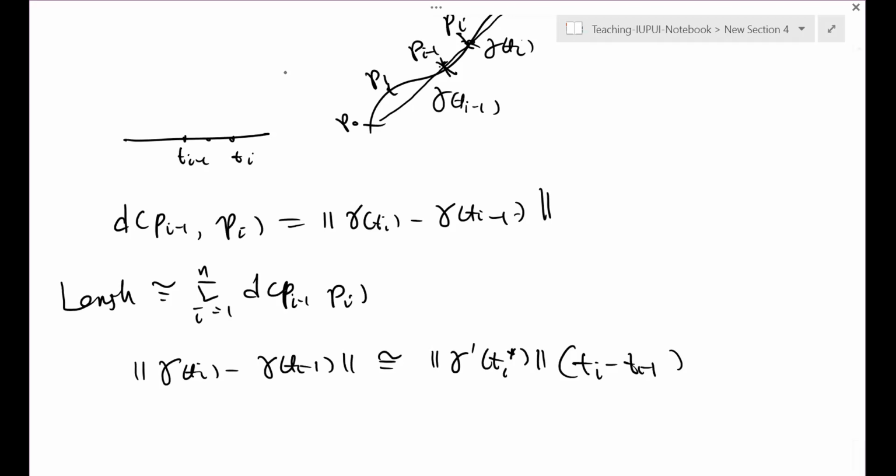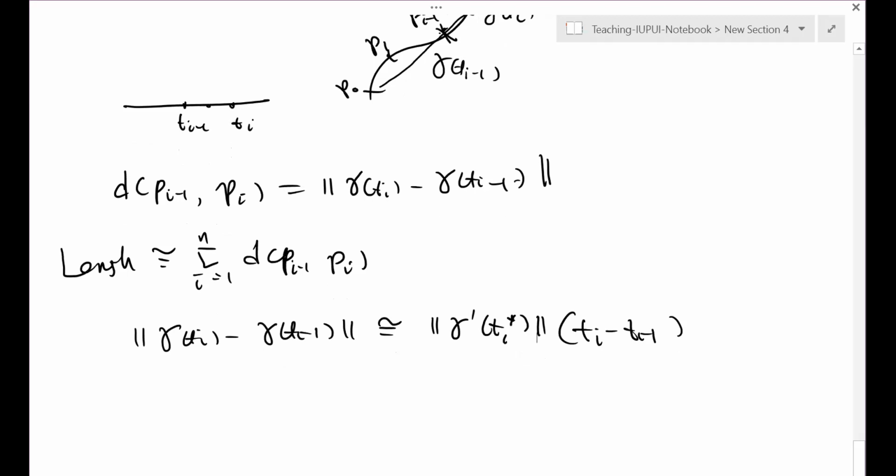This is called the mean value theorem, right? The derivative times this. So you replace it by the above expression.